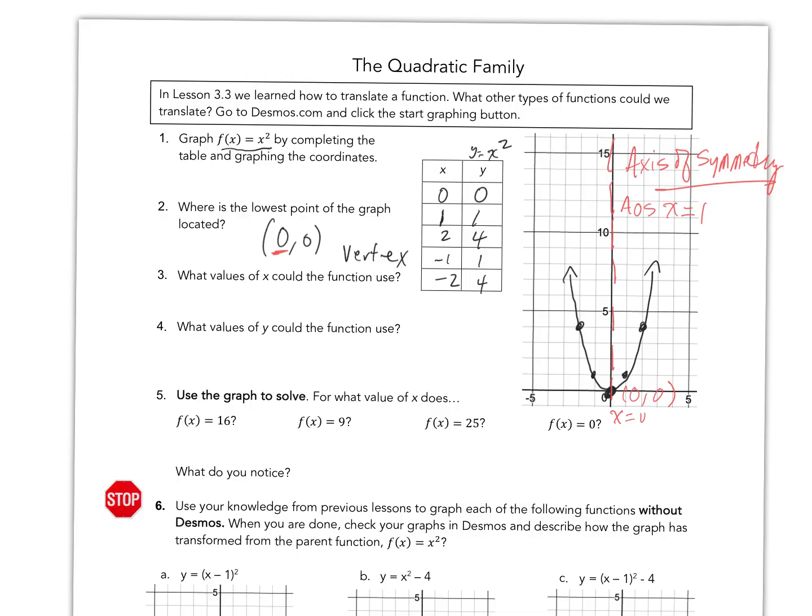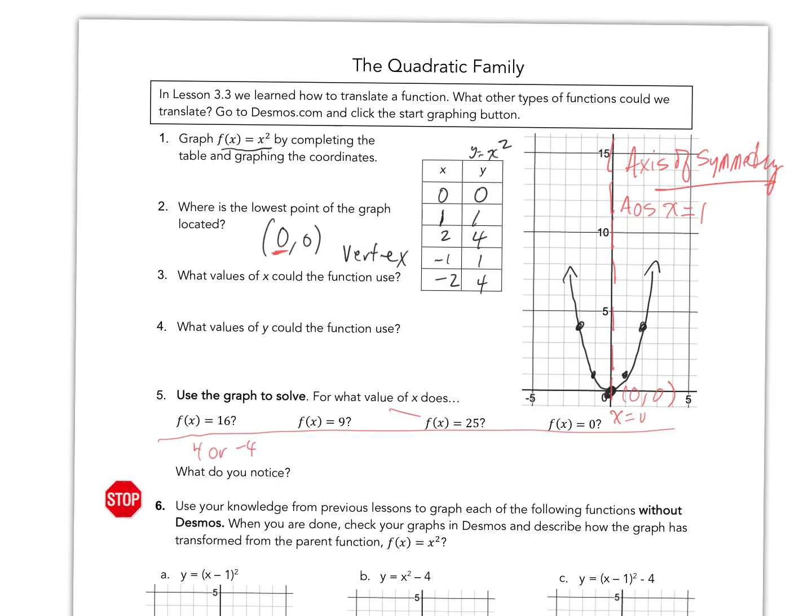So now we're going to ask some questions. We're going to use this graph to solve these questions. For what values of x does f of x equal 16? So that means basically f of what equals 16. So what value squared is 16? It looks to me like this is 4 or negative 4.